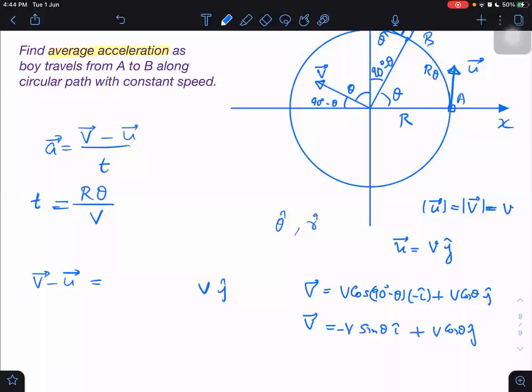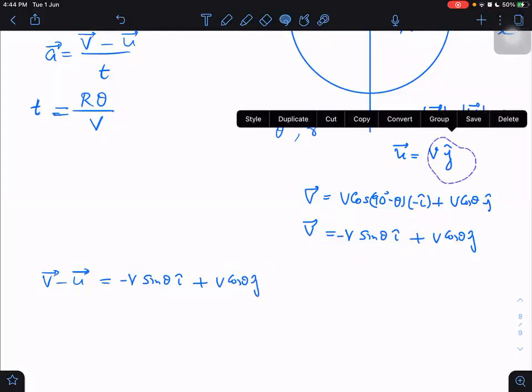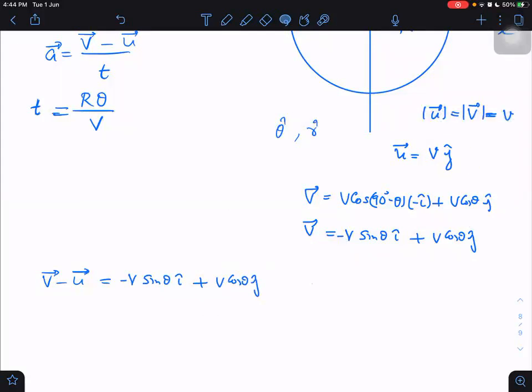So now what is v minus u? I know what u is. U was already written here, but I will rub it and write it separately below. This thing is already there, that is v. Let me copy this here, and I will bring v j cap and put it here.